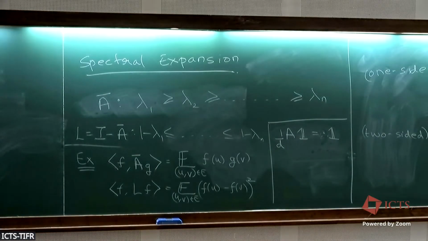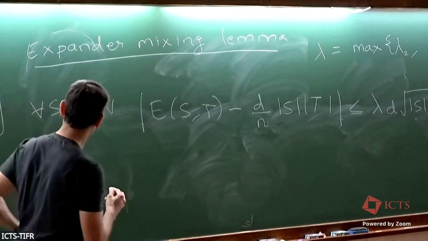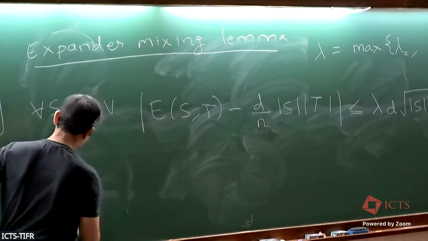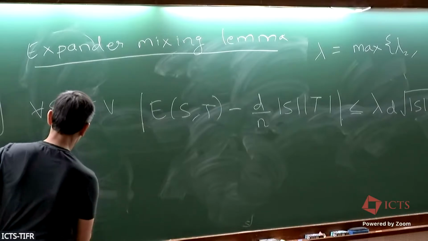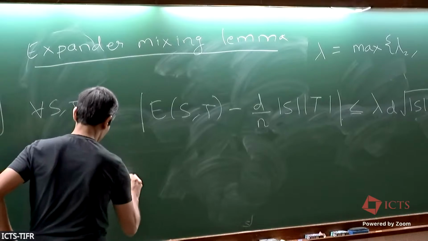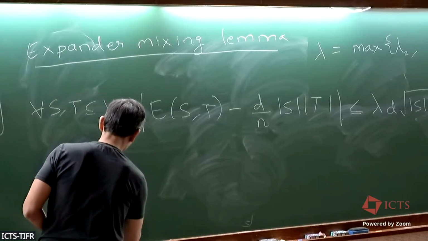Okay, and let me also write down a statement of this in terms of these inner products or functions, which will be useful. And then we'll prove that one. So let's think of functions f and g, which are functions from vertices to the reals, or you can equivalently think of them as vectors in R^n.